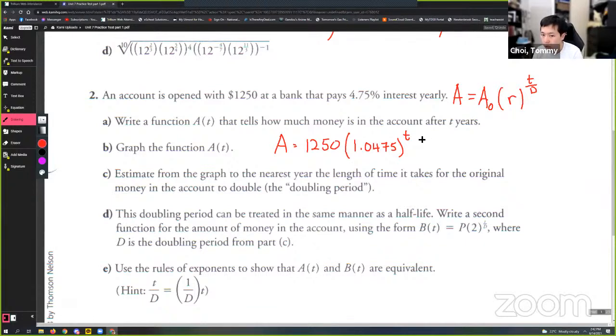So I'll add that in there. If you have a rate as a percentage, this would be the growth rate, and I'll give this formula as well.